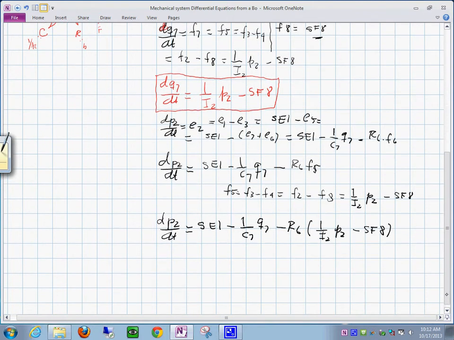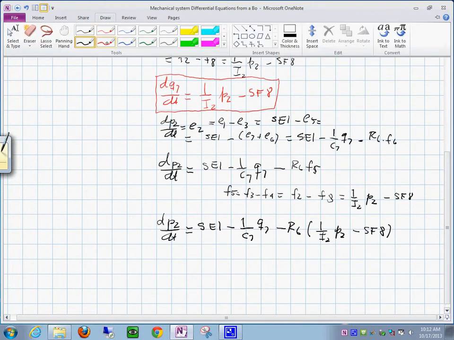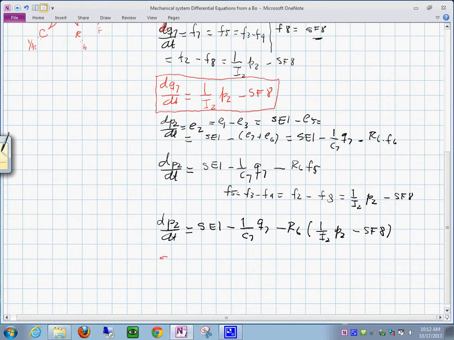So the final equation that I will write in the Cauchy form would be dP sub 2/dt is equal to, usually the sources we put at the end, minus 1 over C sub 7 Q sub 7 minus R sub 6 over I sub 2 P sub 2, then plus SE1 and plus R sub 6 times SF8.